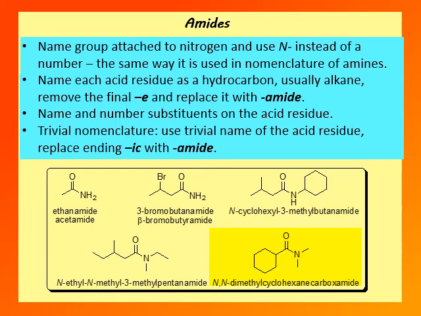And we have to use 2 letters N, one for each substituent. So it would be wrong to name this N-dimethyl. It has to be N,N-dimethyl. And since this is a complex amide, we use the suffix carboxamide. So this is N,N-dimethylcyclohexanecarboxamide.